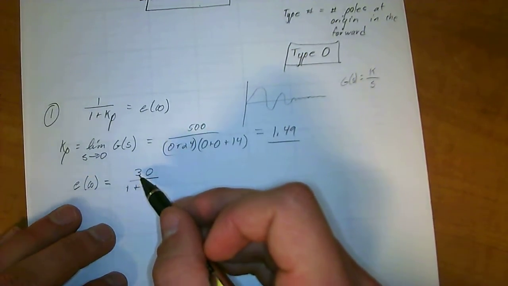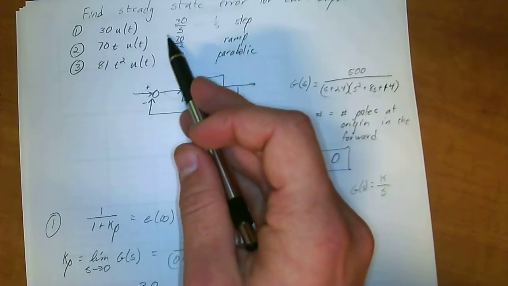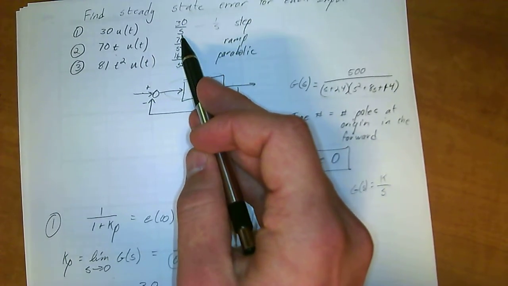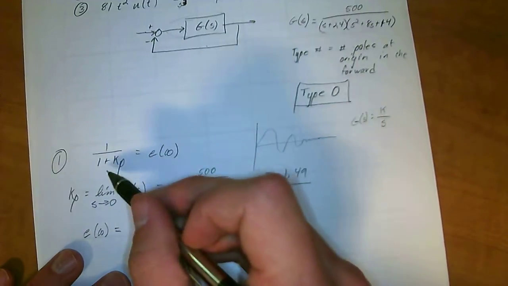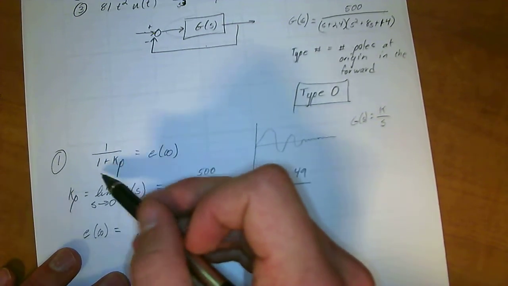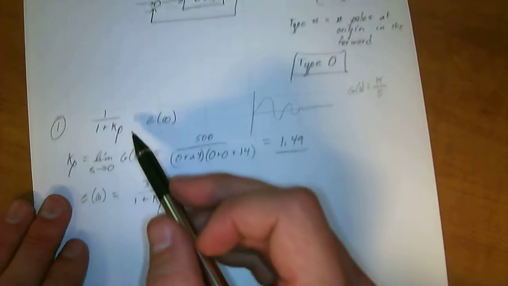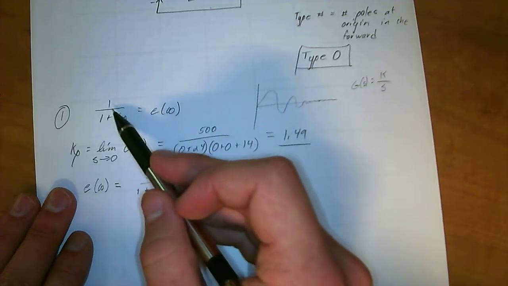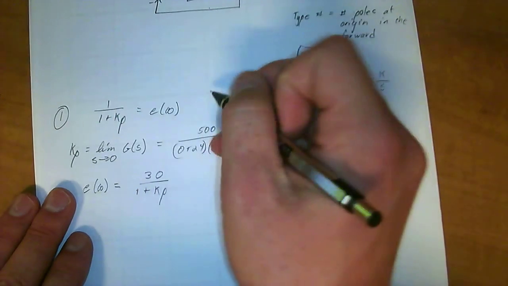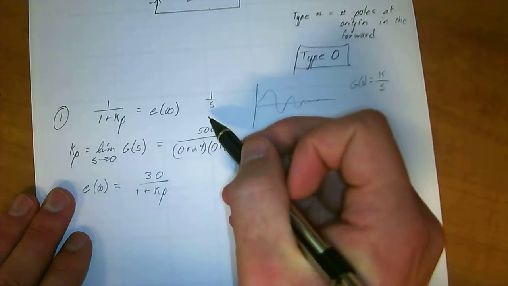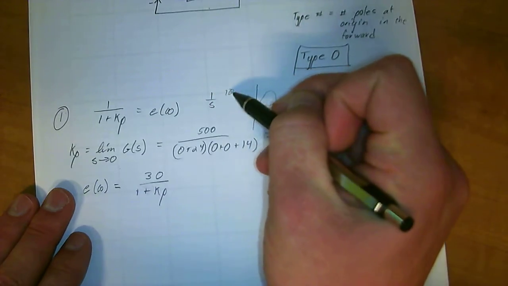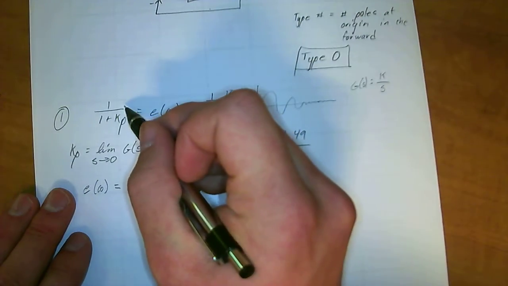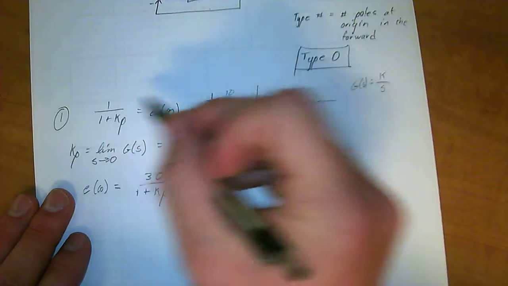The 30 comes from the numerator of your input. So in solving this equation, Kp, this is the equation you end up with, but in order to make this legitimate, this equation is for a 1 over s system. But if you have a 10 over s system, then this numerator changes to 10 also.